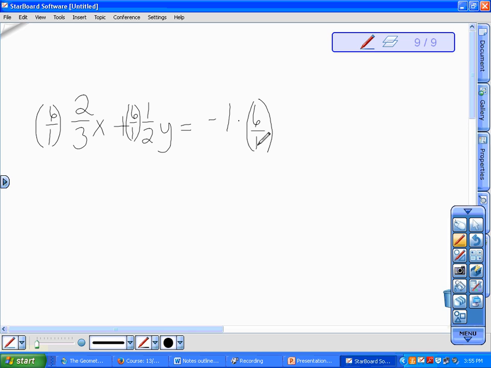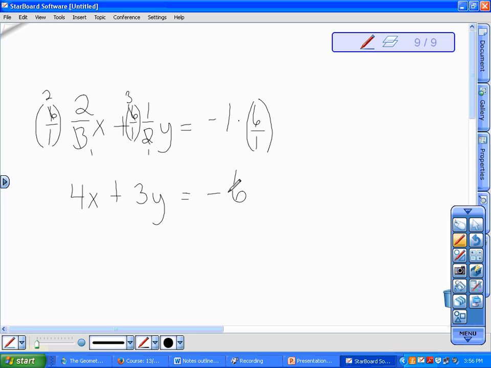This is a common mistake for students to forget to multiply the right-hand side of the equation by 6 as well. 3 goes into itself once and into 6 twice, so this reduces to 4x's. 2 goes into itself once and into 6 3 times, so this reduces to 3y's. This side of the equation would equal -6.